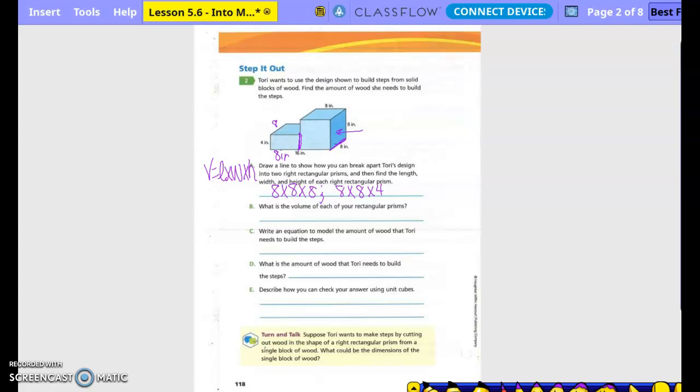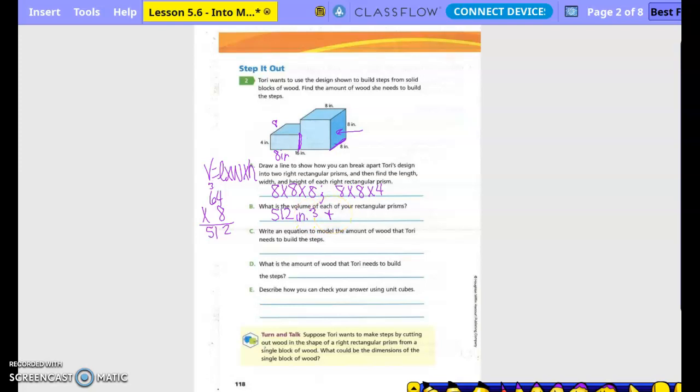Okay, so what is the volume of each of the rectangular prisms? So 8 times 8 times 8. So 8 times 8 is what? 64. 64 times 8. So 2, carry the 3. 8 times 6 is 48 plus 3 is 51. So 512 inches cubed, right?